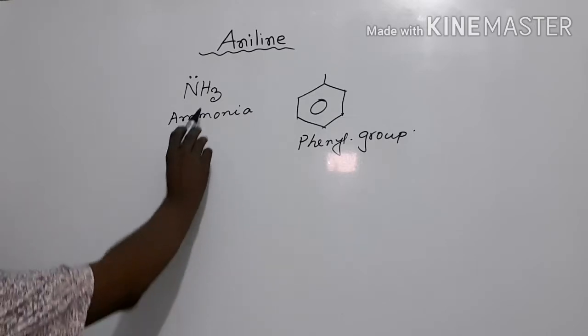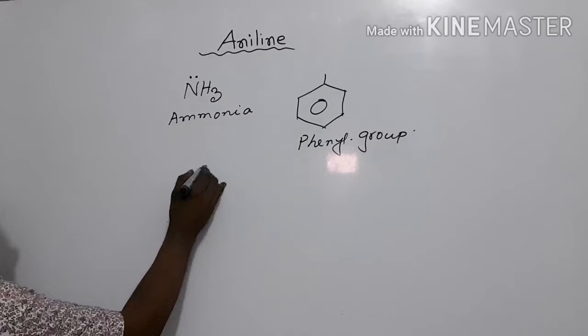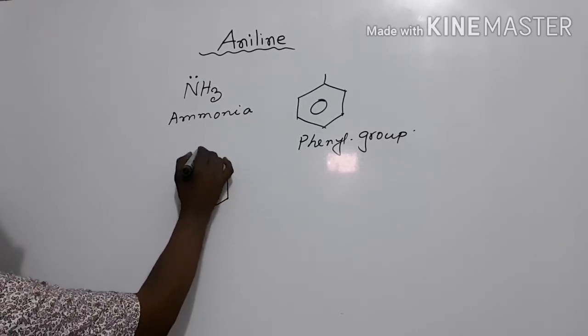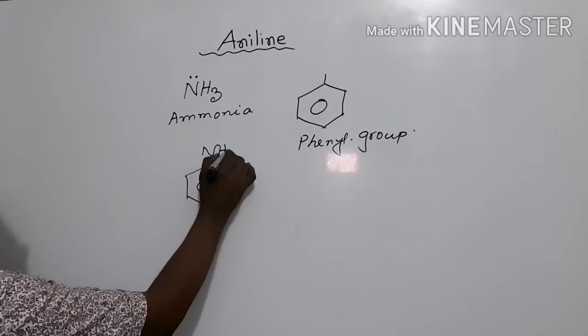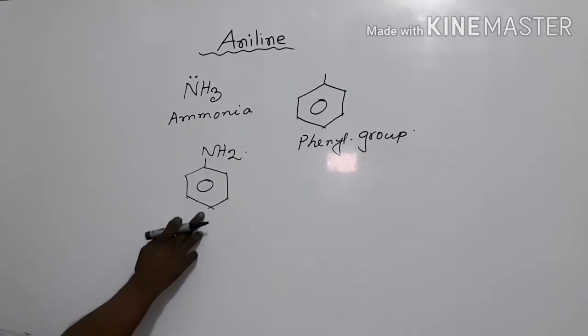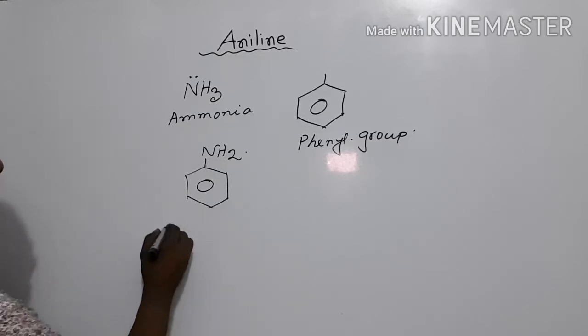When one hydrogen atom of ammonia is replaced by phenyl group, that means aryl group, then the compound is aniline. The name of this compound is phenylamine.